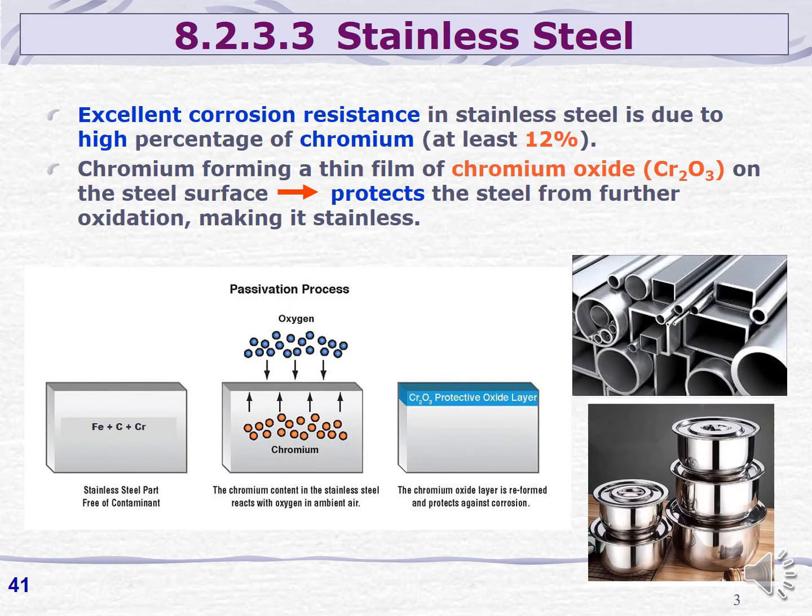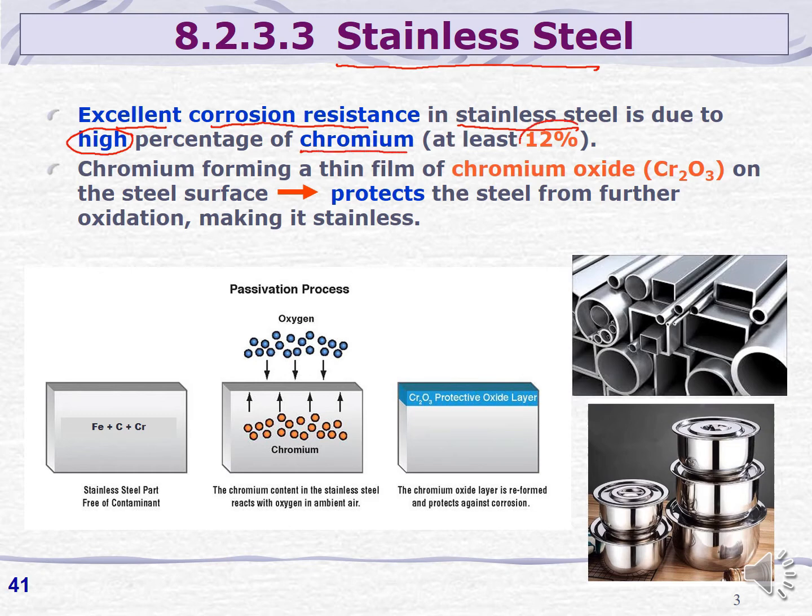Okay, now we move to another type of ferrous alloys, which is still under the steel group. Now let's look at stainless steel. The excellent corrosion resistance in stainless steel is due to the high percentage of chromium.